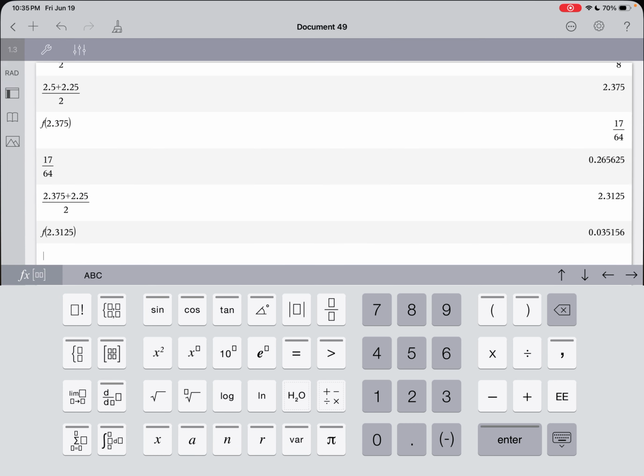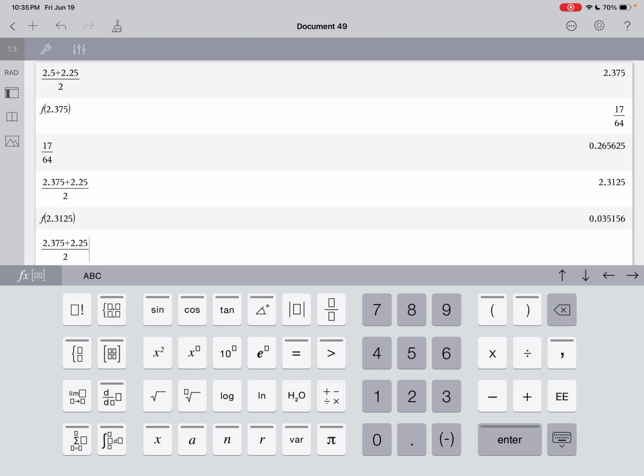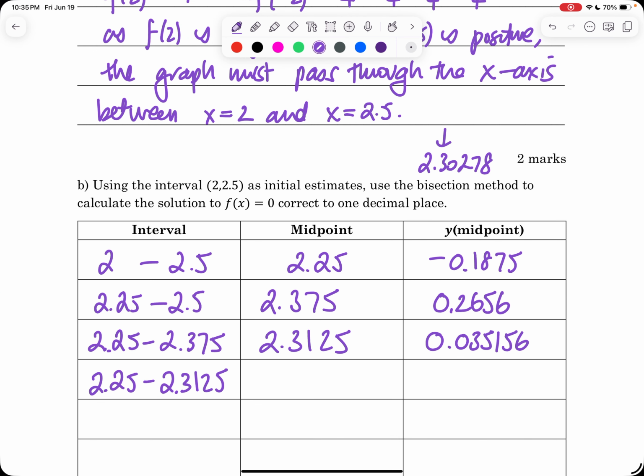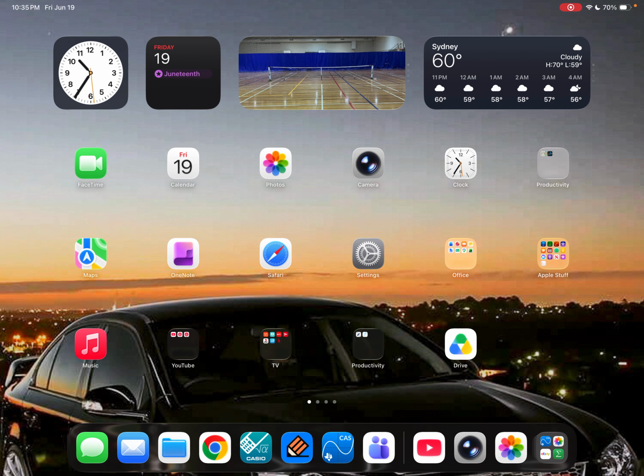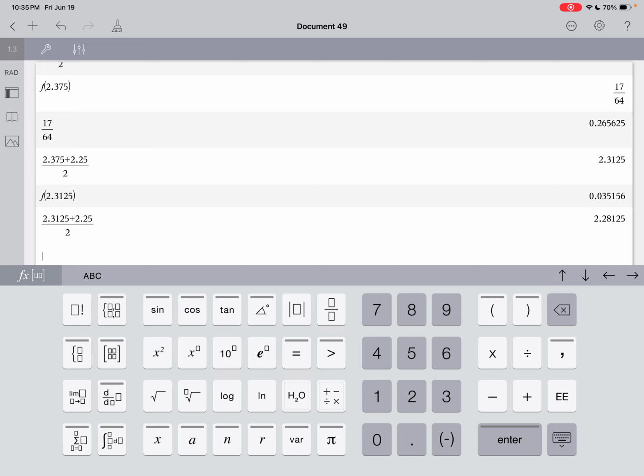Same thing, add them together. Because it's positive, we replace the right end point. So 2.28125.